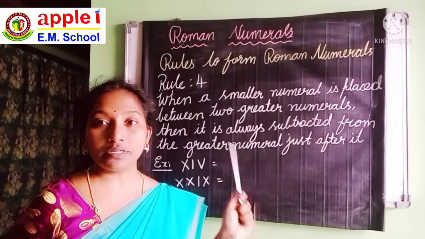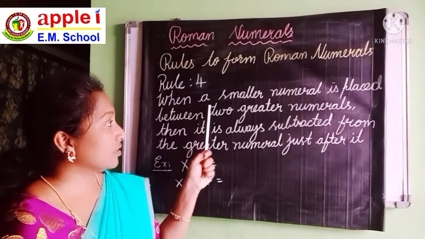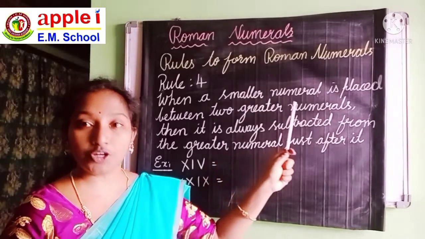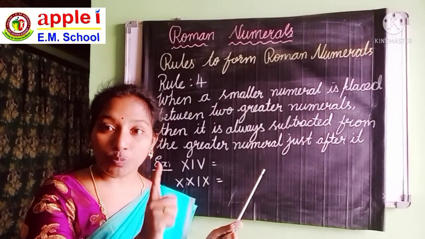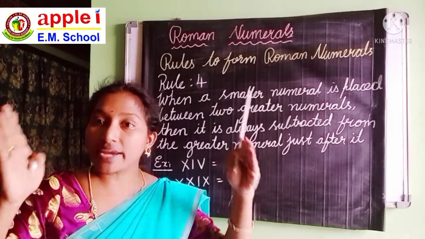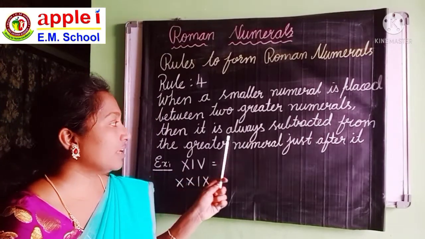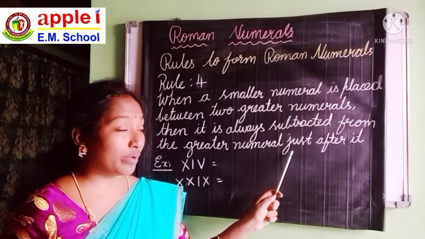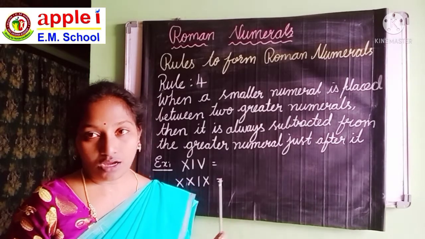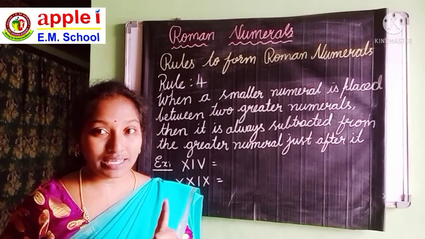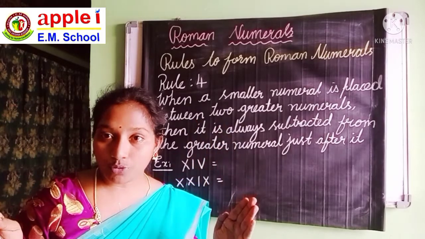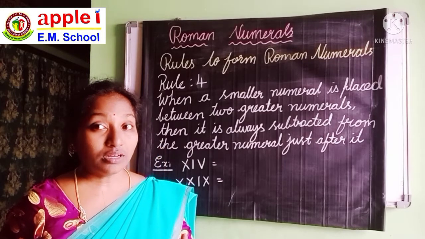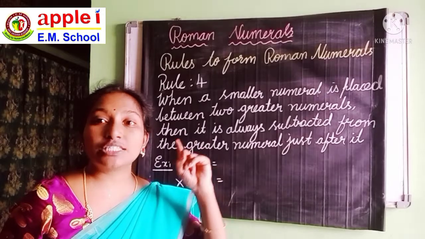Next, rule number 4. When a smaller numeral is placed between two greater numerals, then it is always subtracted from the greater numeral just after it. Okay? When a smaller number is placed between two greater numerals, then it is always subtracted from the greater numeral next to it.